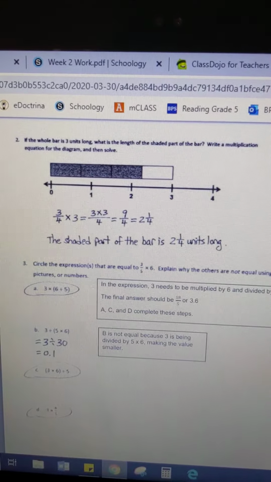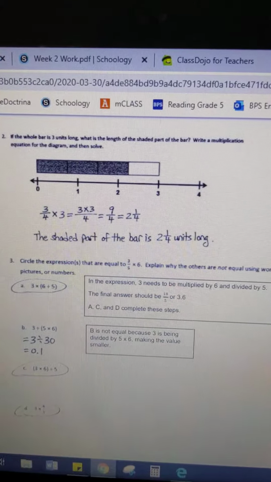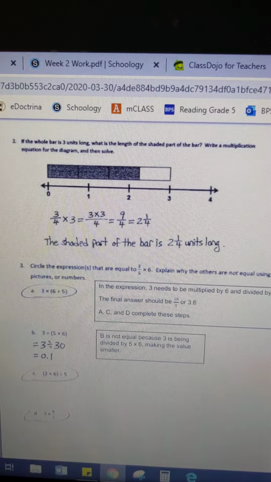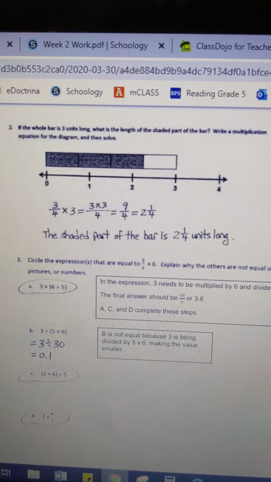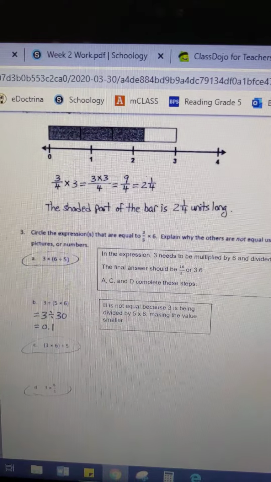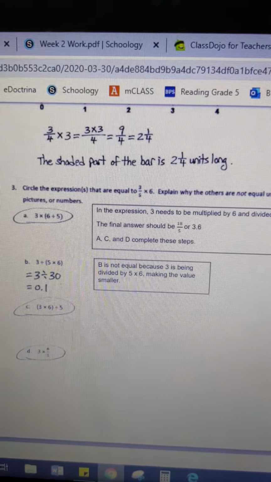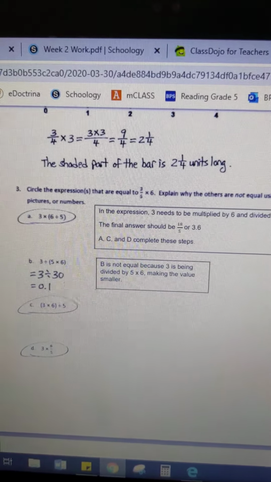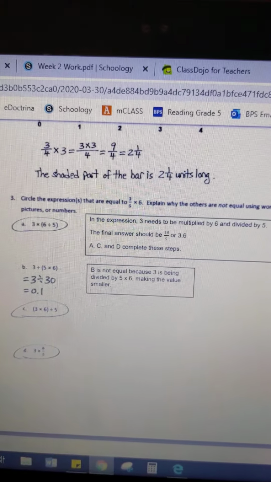So for the next part, you're looking at a bar graph and it falls somewhere between 2 and 3, but you can solve it mathematically to figure out how big the shaded part is. Part 3, figuring out which expressions are equivalent to 3/5 times 6.